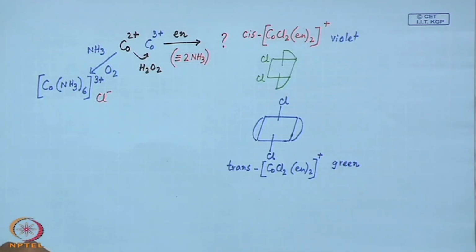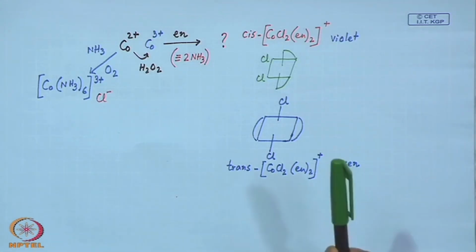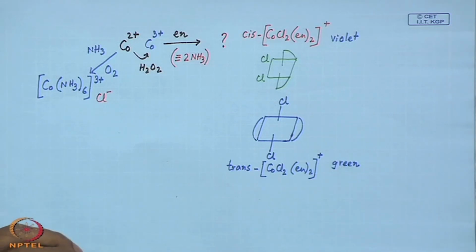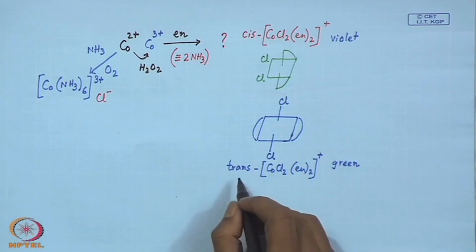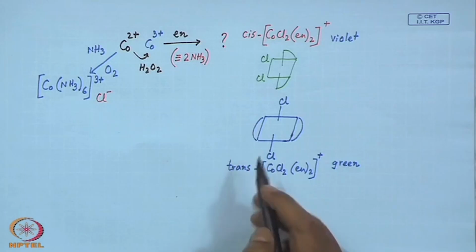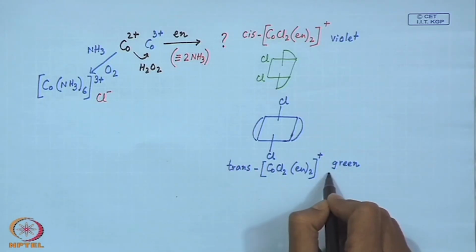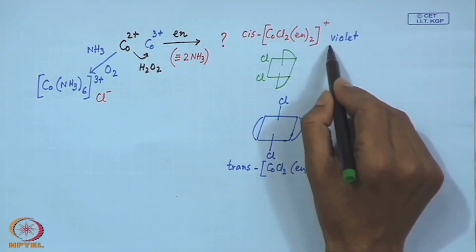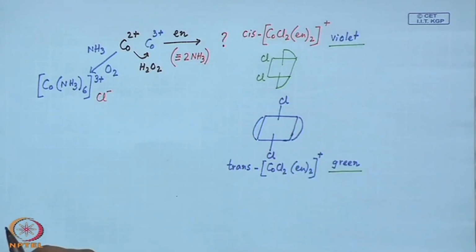green in color. So as we have seen in the case of linkage isomers, the different types of isomers, these are the corresponding stereoisomers also, that the cis variety and the trans variety have different colors. One is green and another is violet.